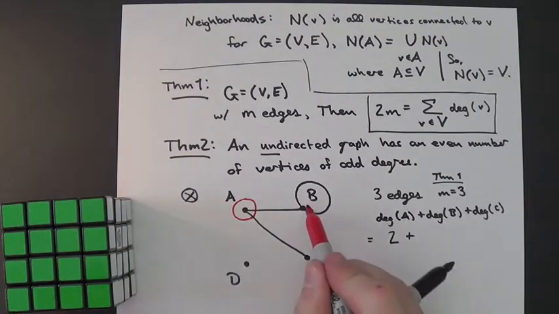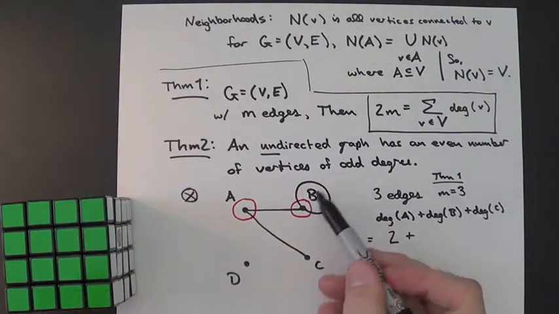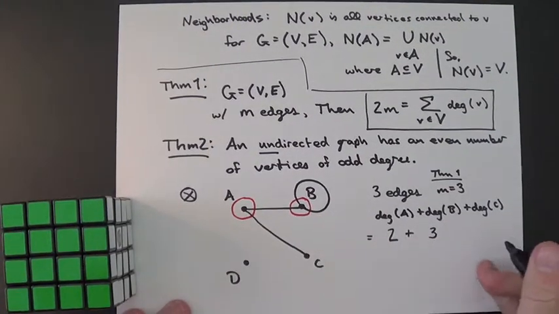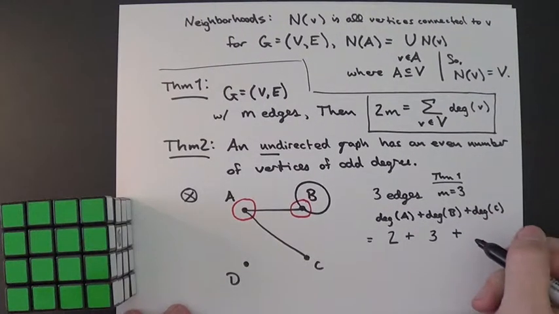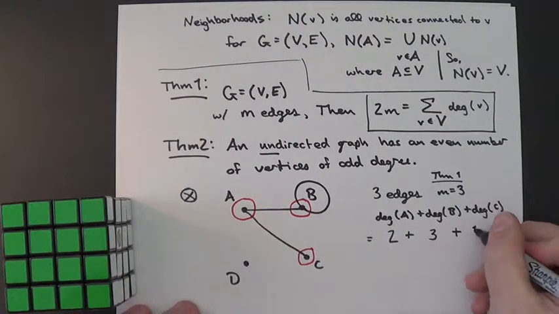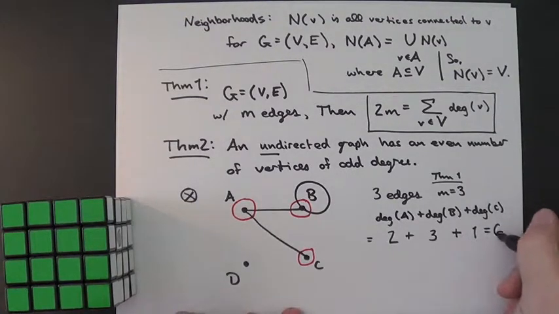If we zoom in here around B, again looking inside that circle, I have 1, 2, 3 connections there, and the degree of C, again zooming in on C, I see there is a single connection. Adding these together, of course, we get 6, which is 2 times 3.